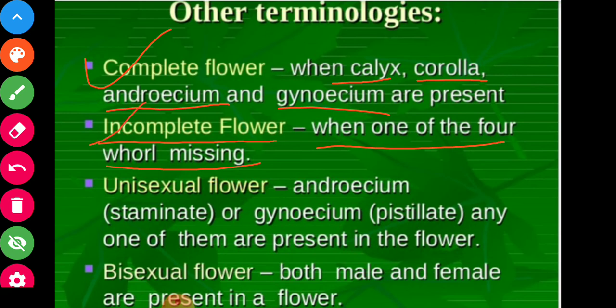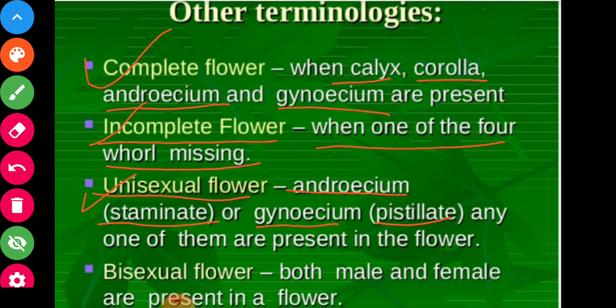And third one is the unisexual flower. Unisexual flower, when only one of the male or female reproductive parts is present. The male part is androecium, and when androecium is present, the flower is called staminate, and when gynoecium is present, that is called pistillate. Any one of them is present, not both, then it is called unisexual flower.